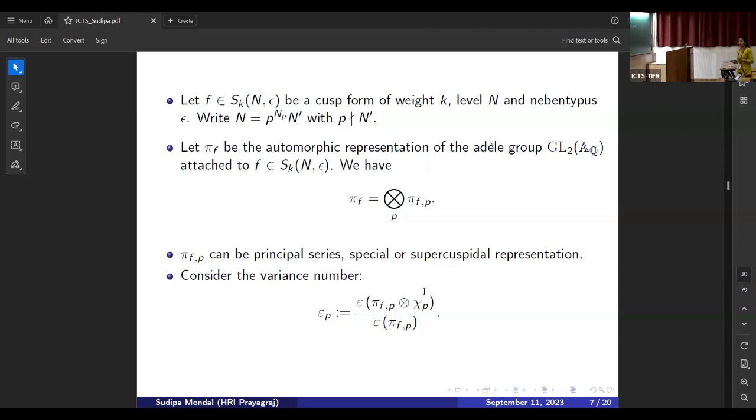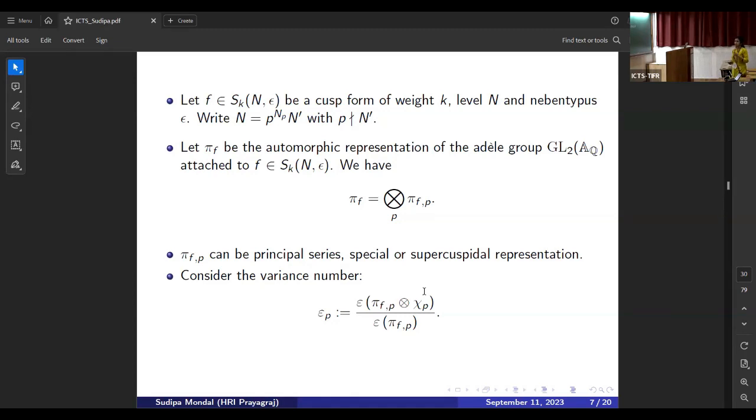Now the point is, why twist by a quadratic character? As I was saying, when pi_p is ramified, the L-function attached to pi_p is 1. So the L-function does not give much information about the representation, but the epsilon factor can give some information about the representation.